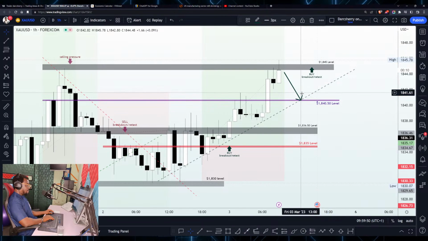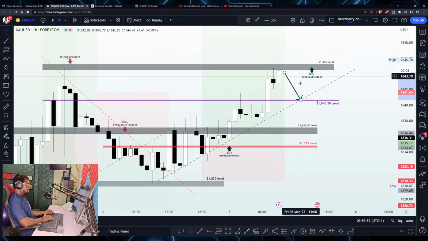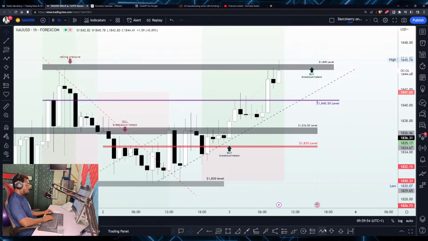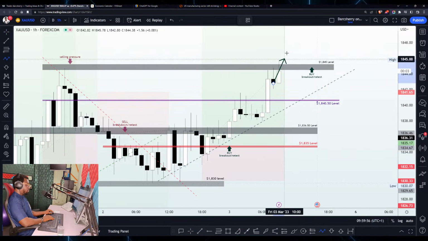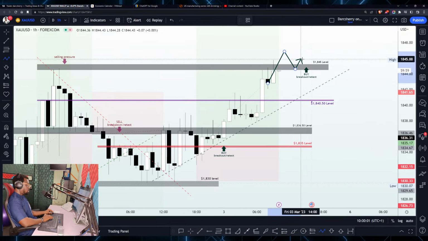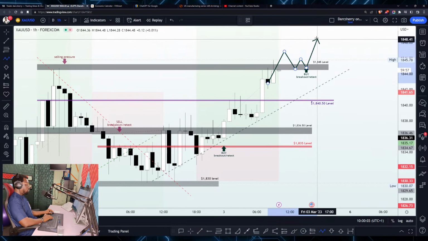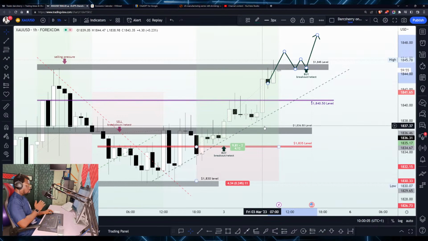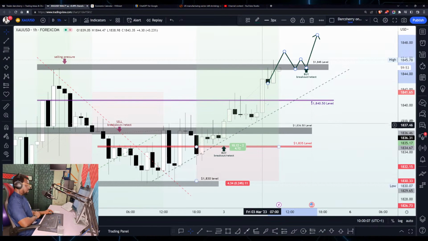But if that doesn't happen, and price drops to the downside and instead it continues to find higher highs, then we want to be seeing a breakout retest of the 1,845 level on our lower time frame to be able to add more position to our existing trade on the XAUUSD.